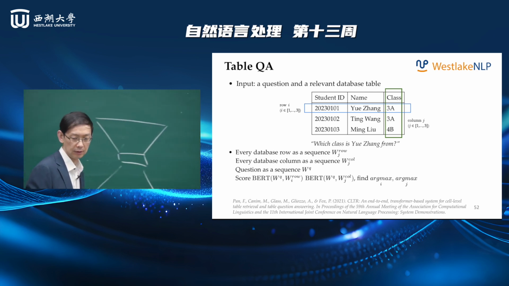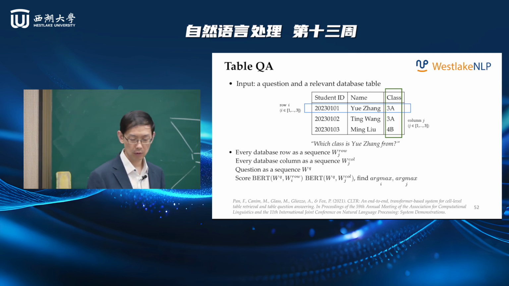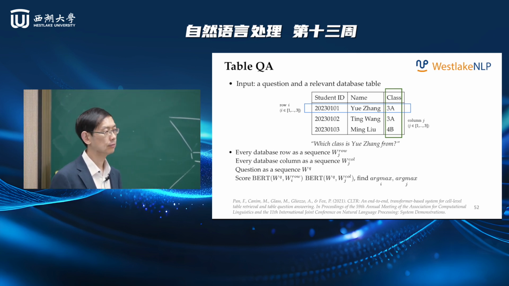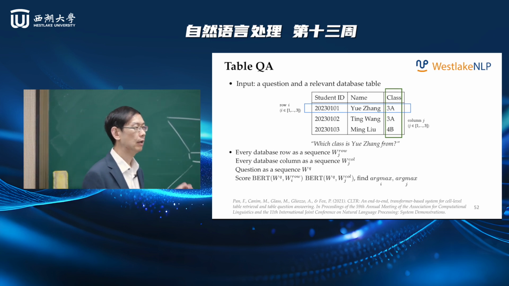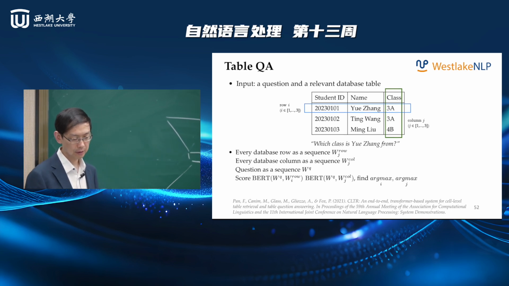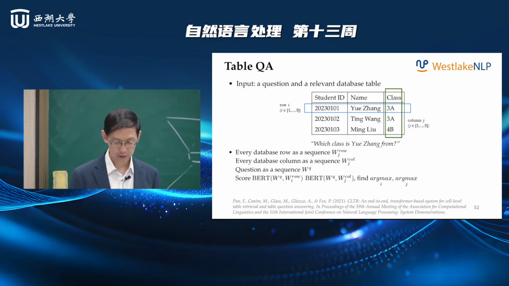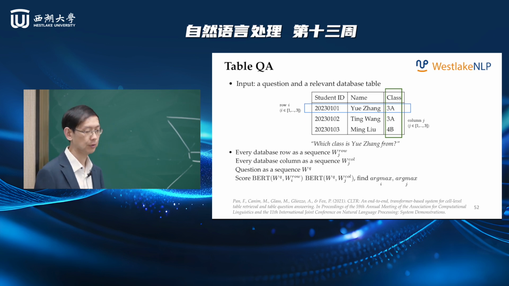For testing, I just choose the highest scored row and the highest scored column, and the cell in there is our answer. For training, we just make sure that the correct row and the correct column are scored higher than any other row and any other column. So this is table QA.